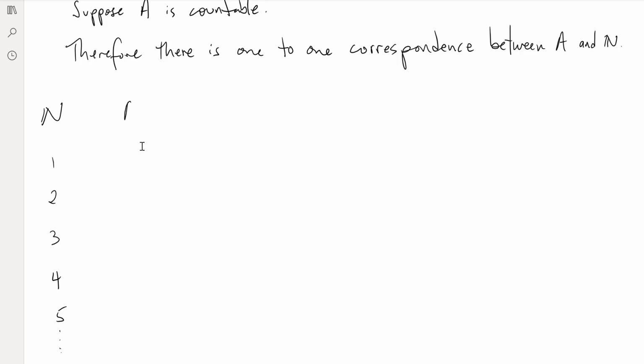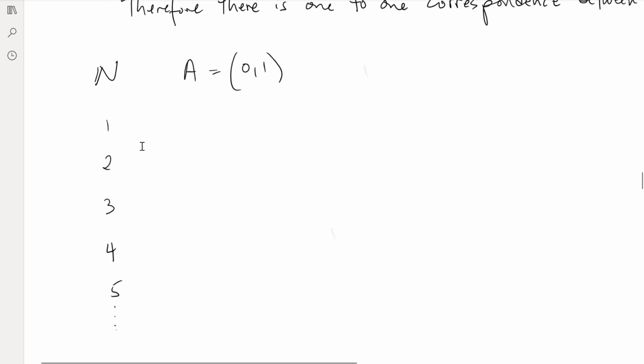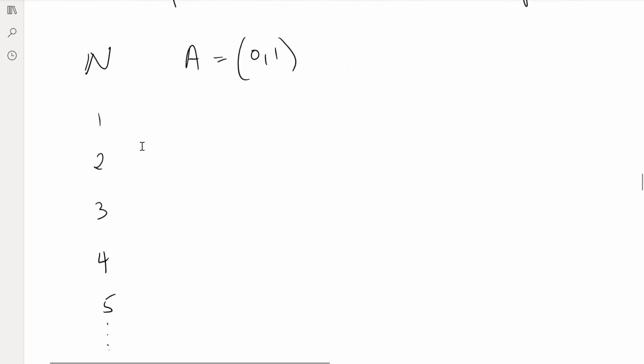And here's the set A, which is all the real numbers between 0 and 1 in that open interval. And so because they are values between 0 and 1, they can all be expressed as decimal values that start with 0 point something and then all the digits of that number. So let's describe whatever that correspondence is.